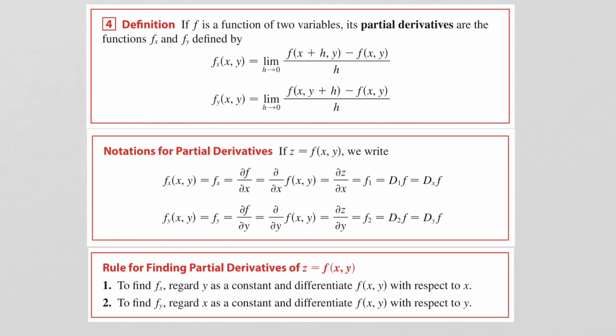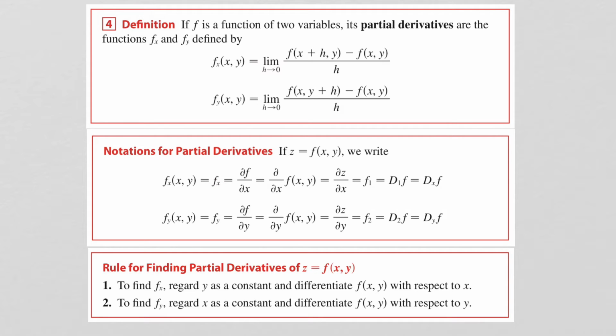There are several notations for partial derivatives. So if z is equal to a function of x and y, we can write the partial derivatives as we see above here. So that is fx of x, y, or simply fx for short.